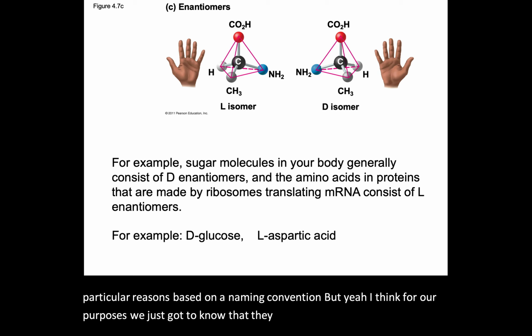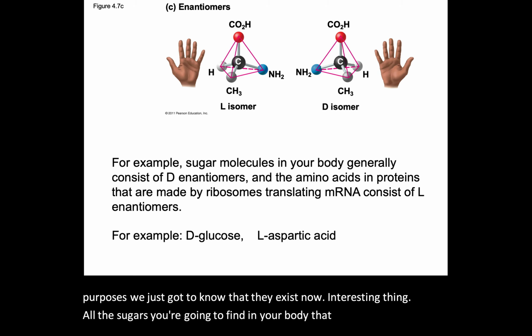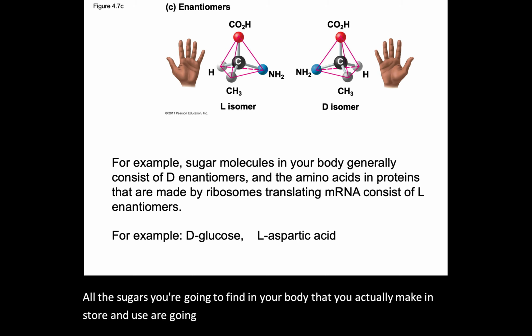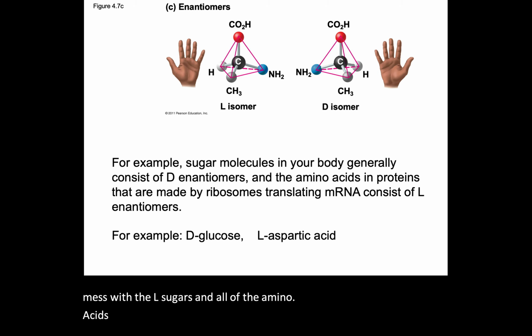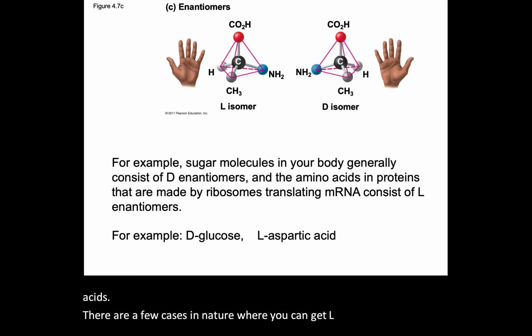Now, interesting thing, all the sugars you're going to find in your body that you actually make and store and use are going to be D enantiomers. We do not mess with the L sugars. And all of the amino acids that are going to be in all of your proteins are going to be L amino acids. There are a few cases in nature where you can get L sugars and D amino acids.